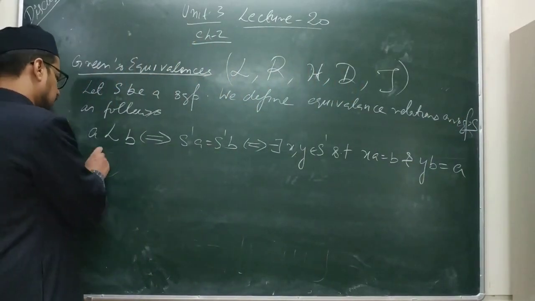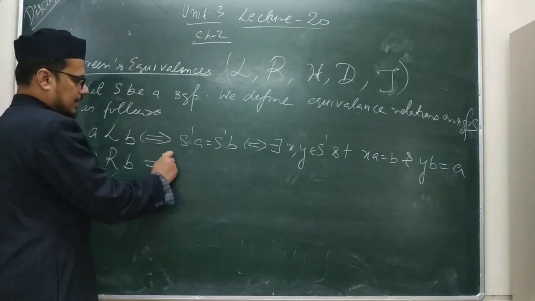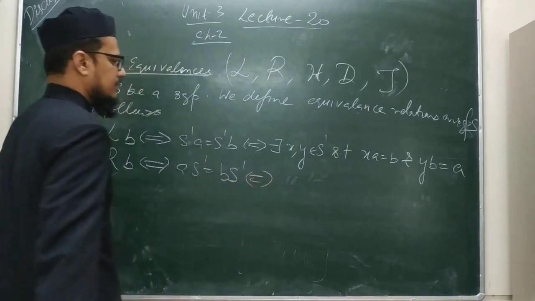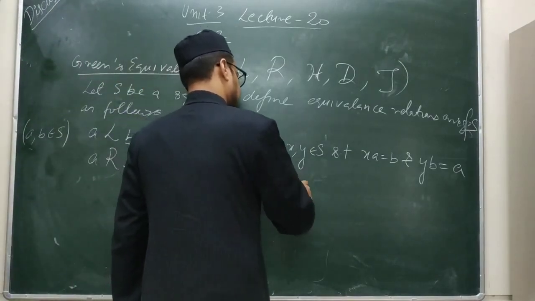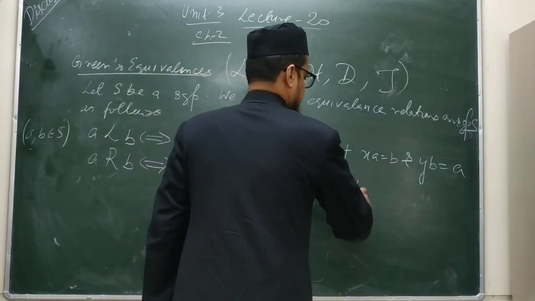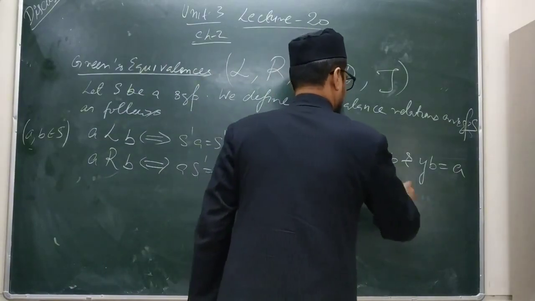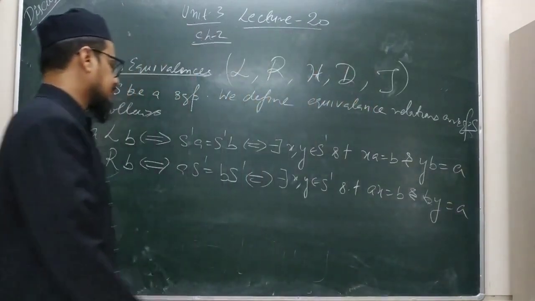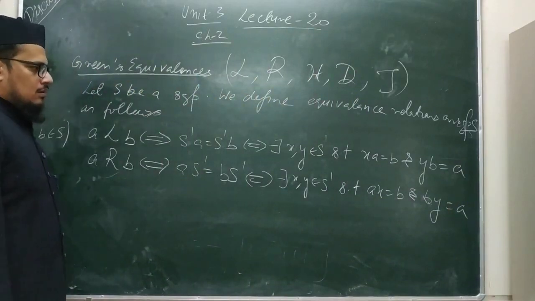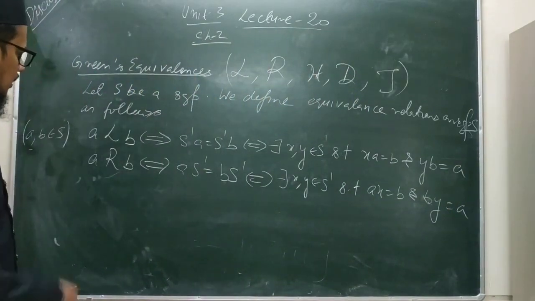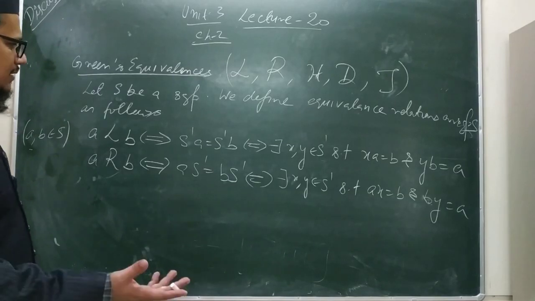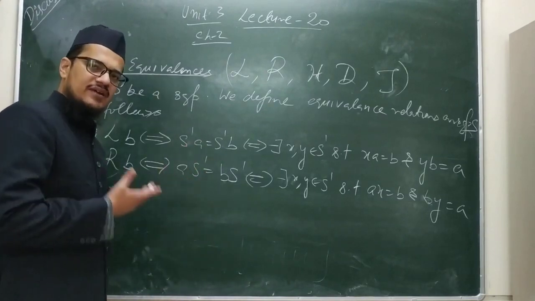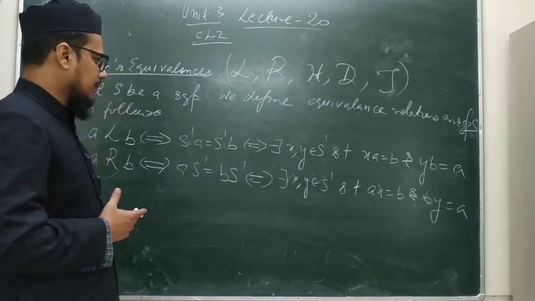Similarly, we can define aRb iff aS1 is equal to bS1, iff there exist x, y belonging to S1 such that ax is equal to b and by is equal to a. So in this way L and R are defined, and we can check that these are equivalences. One can check very easily that they are reflexive, symmetric, and transitive relations, correct?